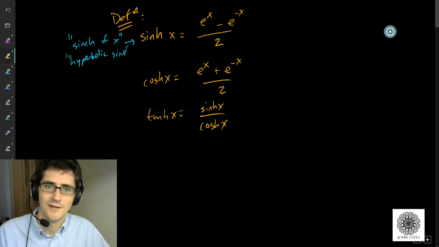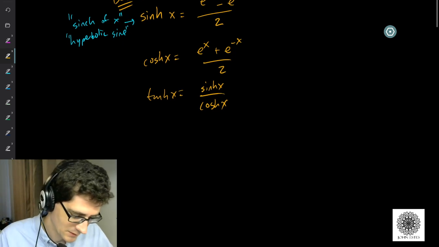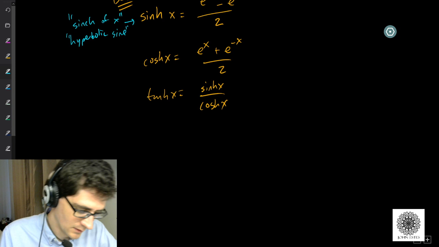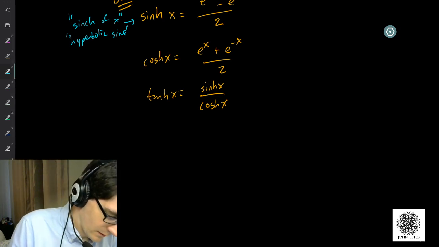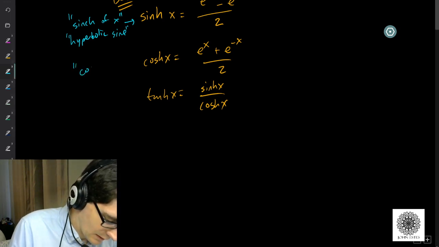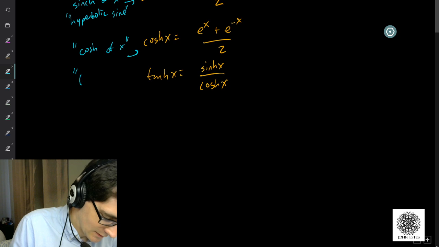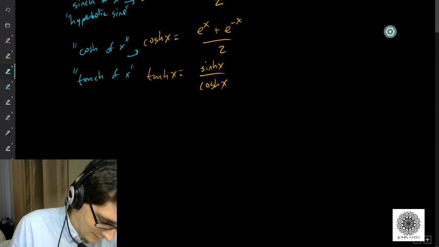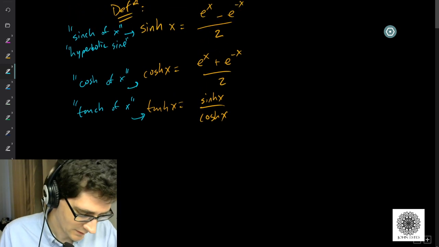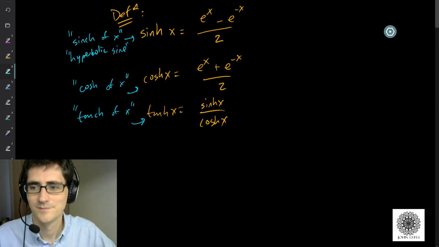The quotient identity from trigonometry shows up here with hyperbolic trig as well. Okay, now for hyperbolic cosine, we usually say cosh. So we can say cosh of x. And for hyperbolic tangent, we say tanh, which sounds really weird, I know, but we have sinh, cosh, and tanh.